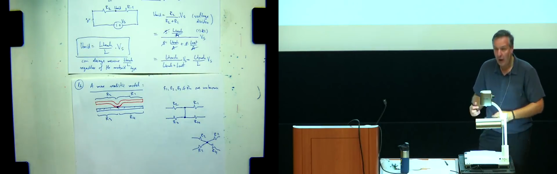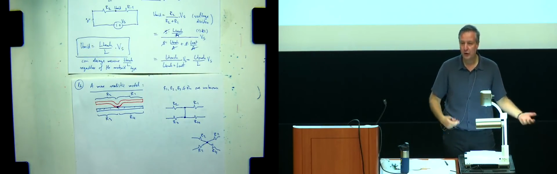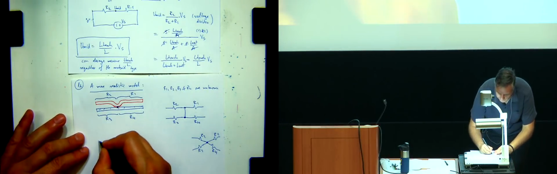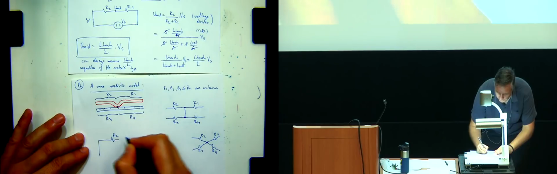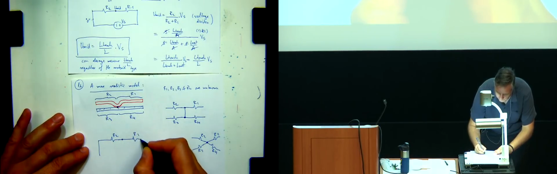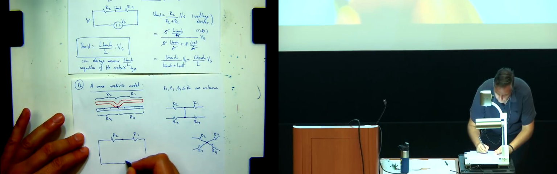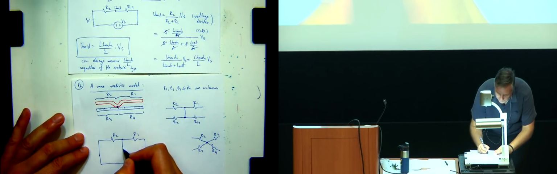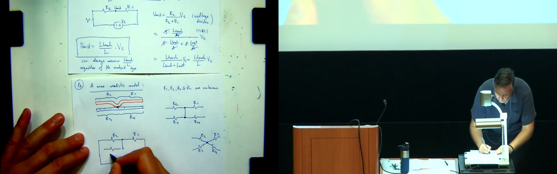Okay, so now I'm going to add voltage to this circuit model, just like we did previously. So I'm going to have R2, R1, we add VS here. But I now have this other stuff hanging there.